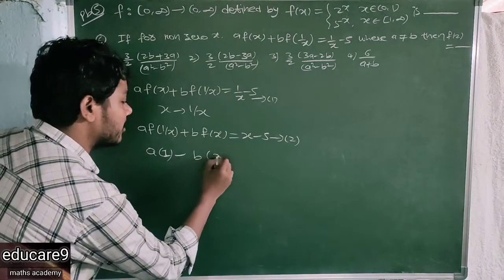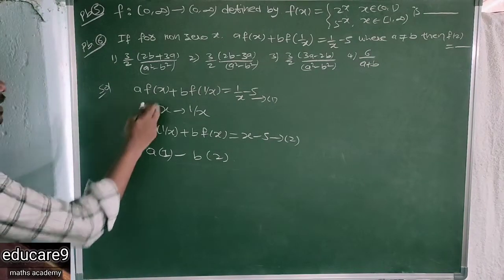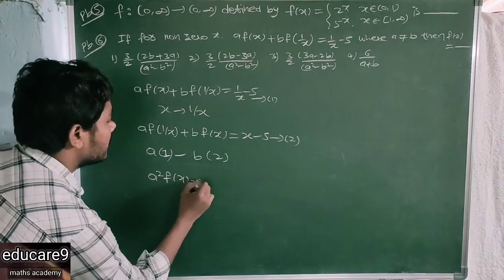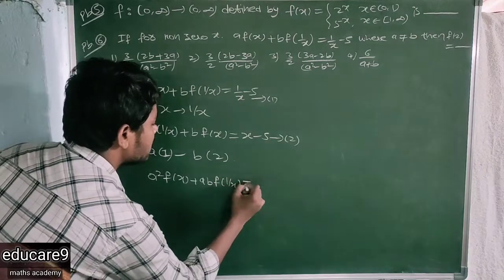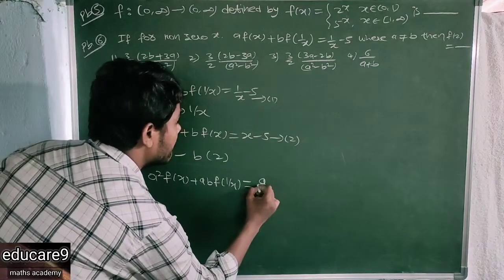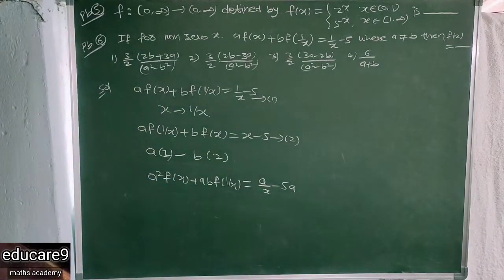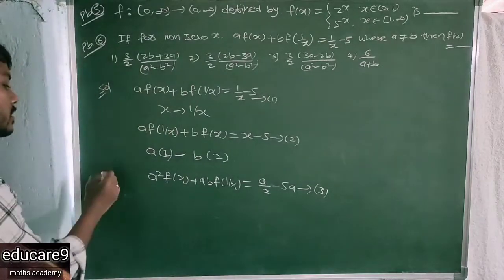So b into equation 2. So what is that? a²·f(x) + ab·f(1/x) is equal to a/x − 5a. This is equation 3.